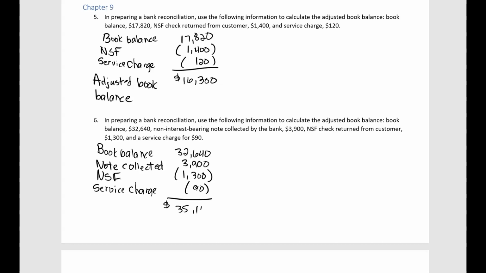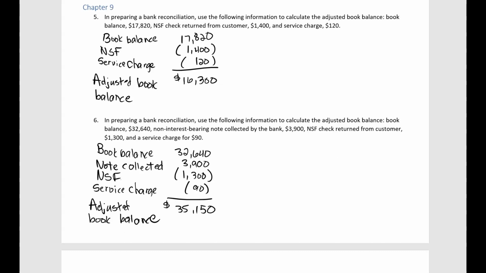This will take us to a total of $35,150, and that is our new adjusted book balance. Okay, that's it for Chapter 9.